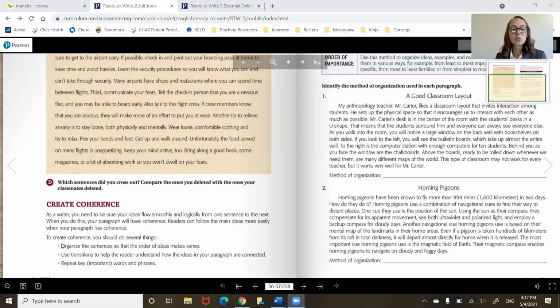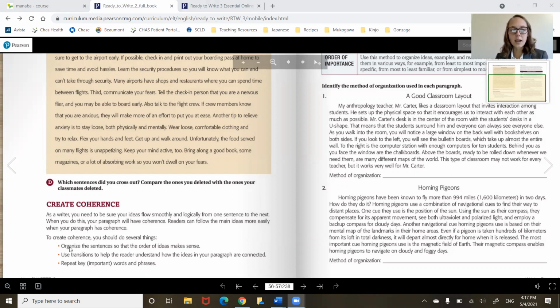Okay, so you should do several things. Organize the sentences so that the order of the ideas makes sense. Use transitions to help the readers understand how the ideas in your paragraphs are connected, and repeat important keywords and phrases, and use synonyms.